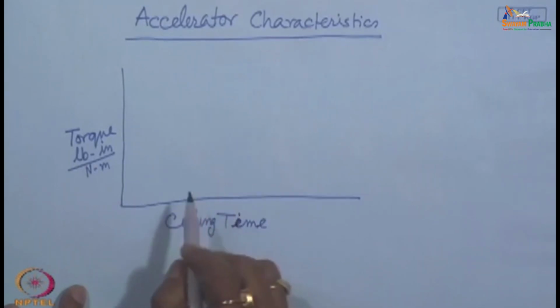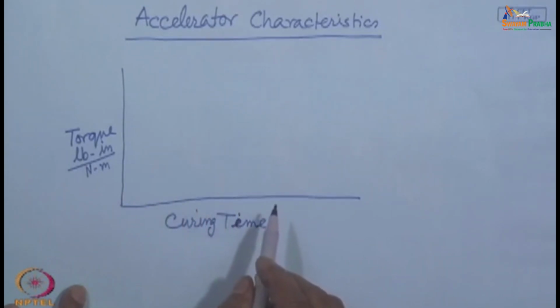Basically, it is a torque time profile produced by one accelerator in a rubber compound.